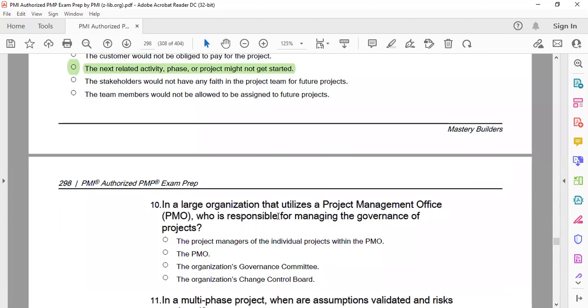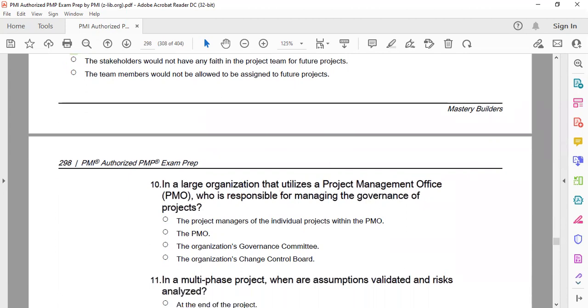Next, in a large organization that utilizes a PMO, who is responsible for managing the governance of projects? You would be lucky if these types of questions come in the exam. Exactly, yes, Usman, very nice. Mohsen, yes.